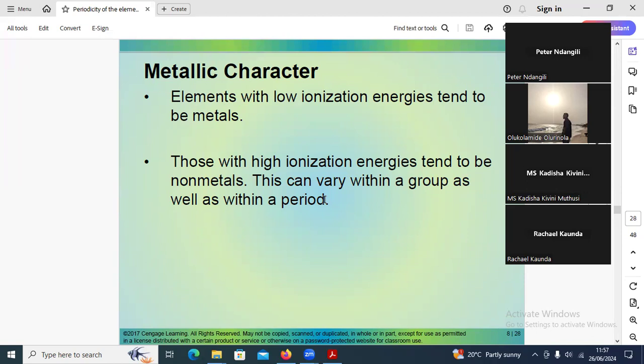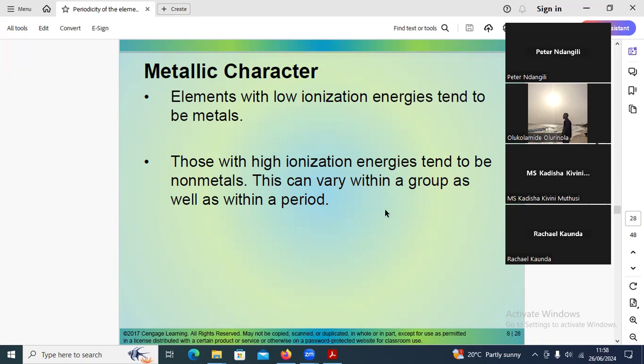And those with high ionization energies are actually non-metals. And you realize that on the right of the periodic table, those elements are going to be characterized by high ionization energies. They are also going to be characterized by high effective nuclear charges. And therefore, they are going to be non-metals.